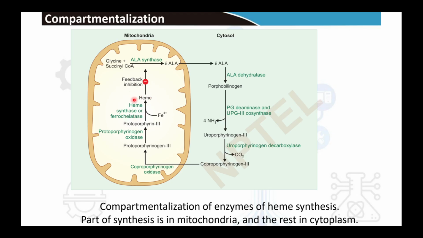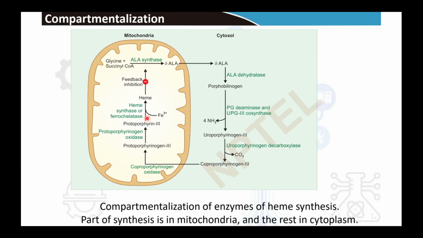So the heme is forming in the mitochondria, and that ALA synthase is also in the mitochondria. So it is easier for the heme molecule, if excess heme is produced in the mitochondria, to inhibit the ALA synthase gene expression, because that is also present in the mitochondria.